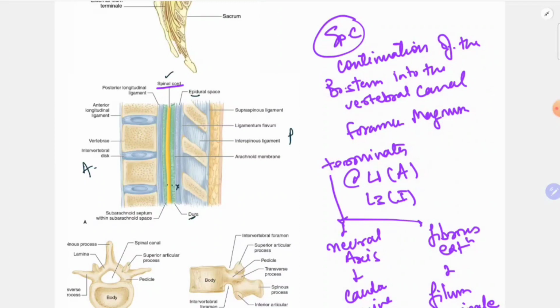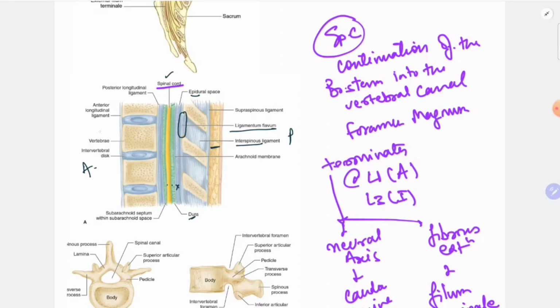As you go posteriorly, you will find the ligamentum flavum. So posteriorly the epidural space is bound by the ligamentum flavum. Outside the ligamentum flavum we have the interspinous ligament, and then we have the subcutaneous tissue.